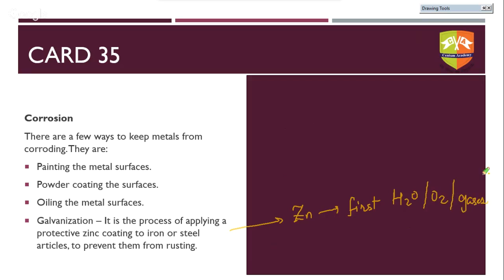The reason for this is zinc is more reactive than most of the metals, most of the solid metals, for example, iron and steel. In that scenario, zinc will sacrifice itself against any of these metals.